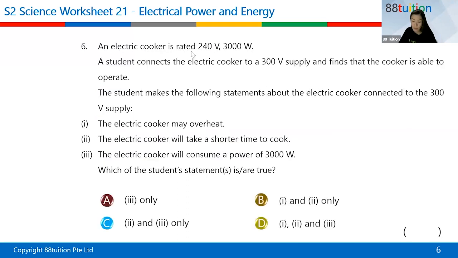An electric cooker is rated at 240 volts, 3000 watts. If I didn't remember wrongly, in primary 6, you did go through a little bit about energy consumption, and your teacher asked you to bring along the electrical bill from home. Did you all do that? You all didn't?